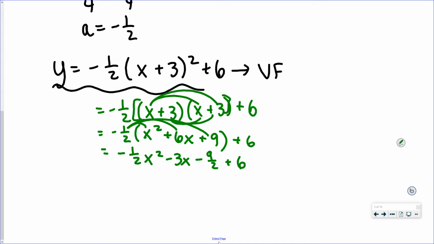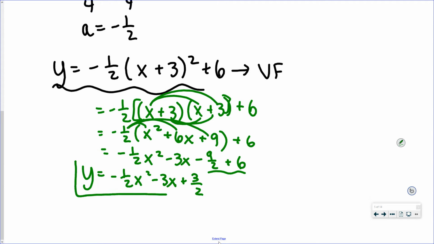The only thing I need to do to put this in standard form is add these numbers together. So think of 6 as 12 halves, minus 3 halves, minus 9 halves, we get 3 halves. Nice.